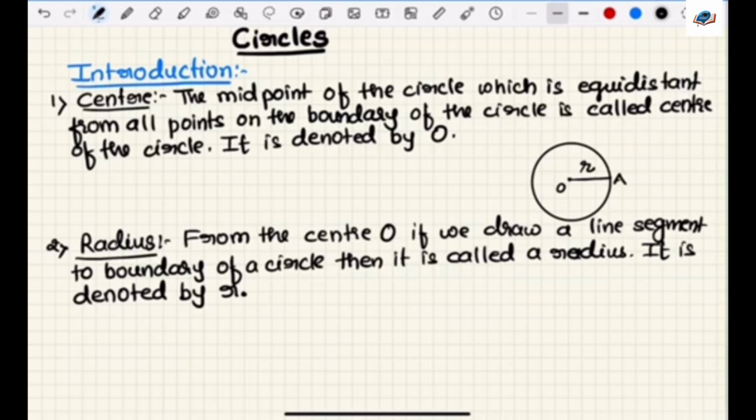Now, then the third thing which we should know is circumference.